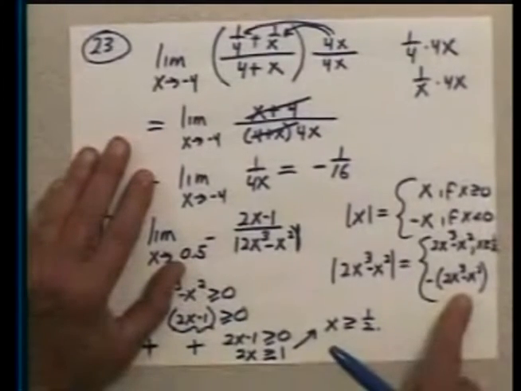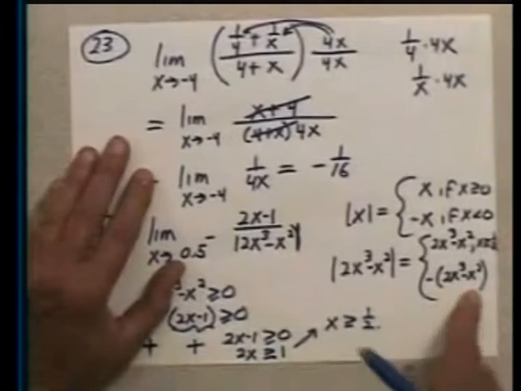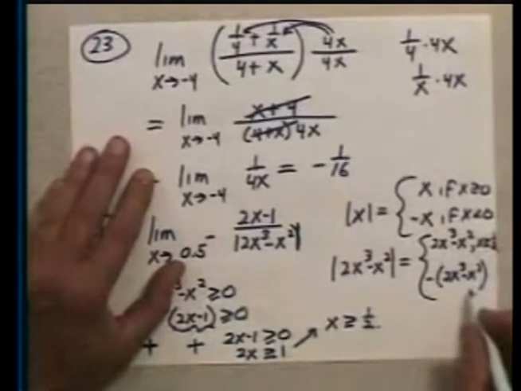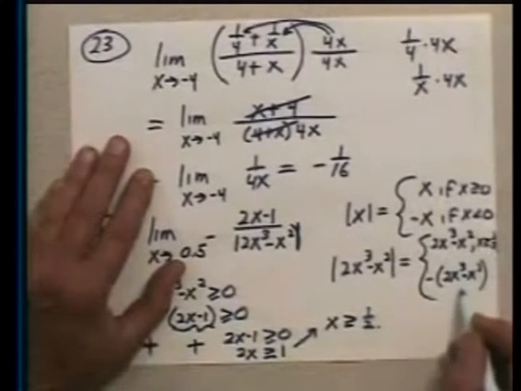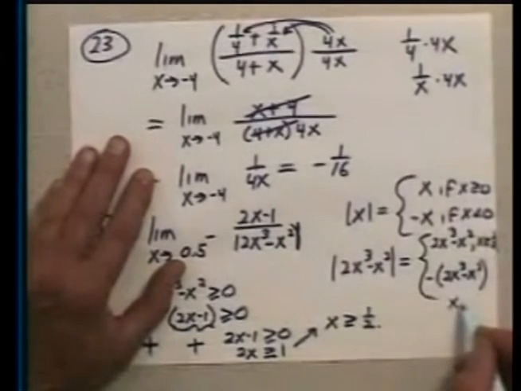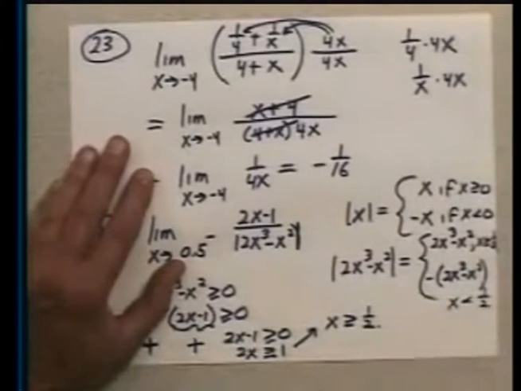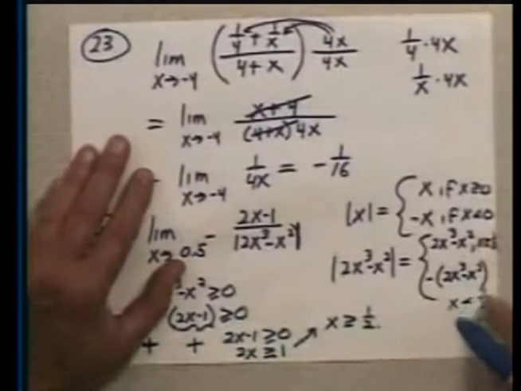Well, what would be the condition for that one then? If x greater than or equal to 1/2 gives you this one, then the opposite would be when x is less than 1/2. You okay with that? I mean, we could work it out, but that's your only choice.